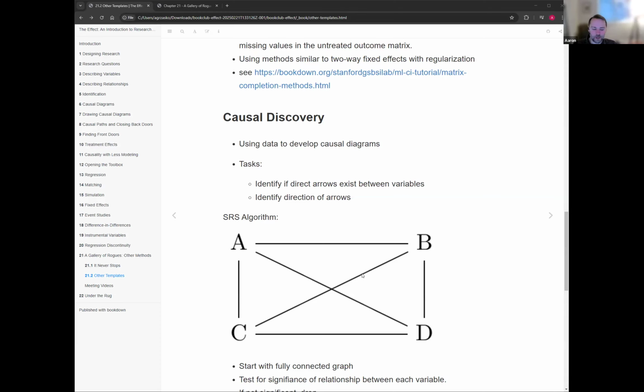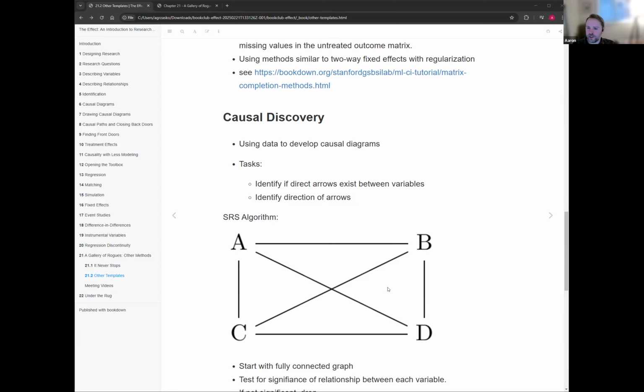It's really important to create DAGs and make sure you're considering all these relationships between variables. Causal discovery says, well, maybe I don't need to do that. If I have a really good set of data and I think that covers all the relationships, I can let the data speak for itself in creating these DAGs.